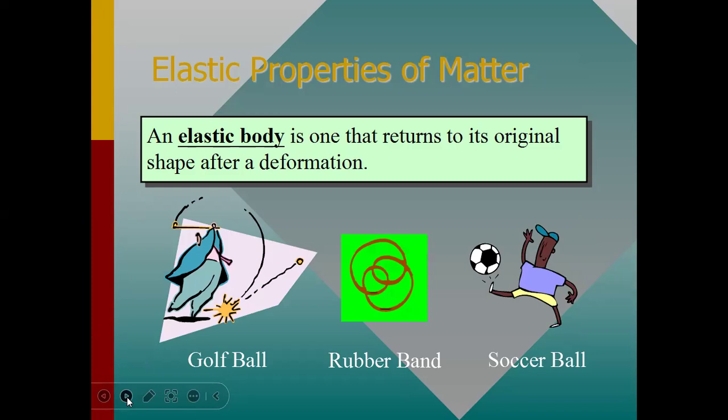If we kick the ball, it goes high into the sky, then the force is removed and we get the original shape of the ball. This is an elastic body.